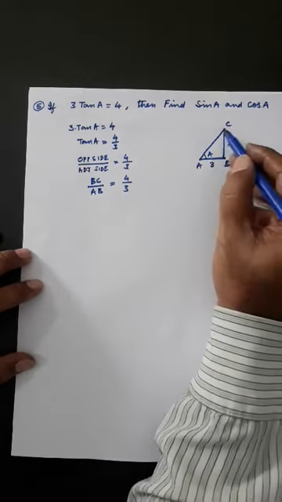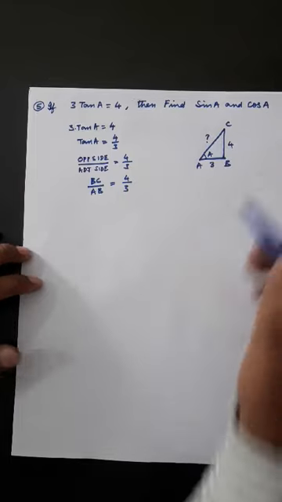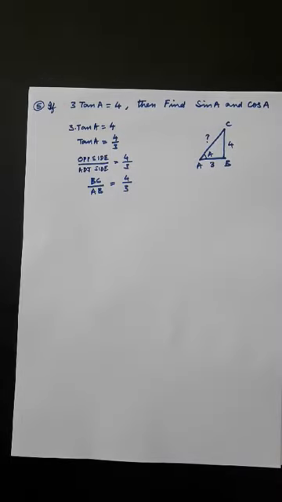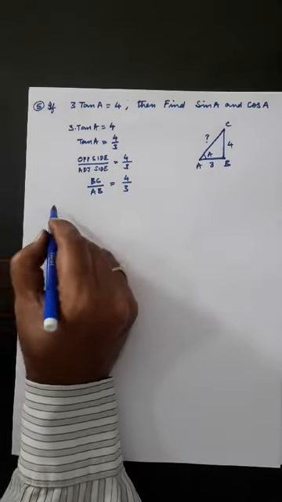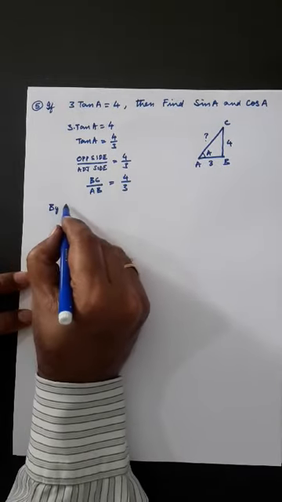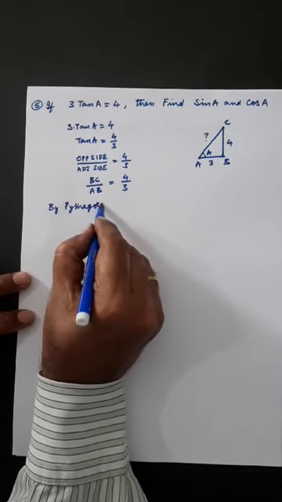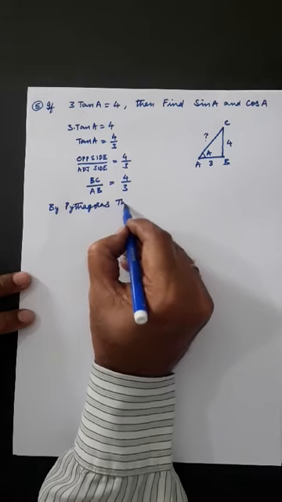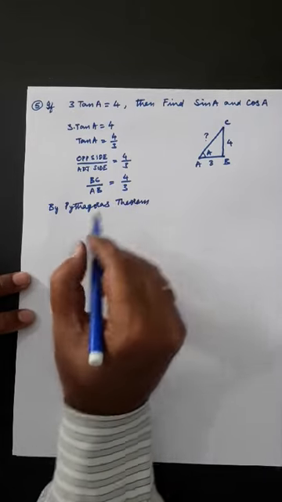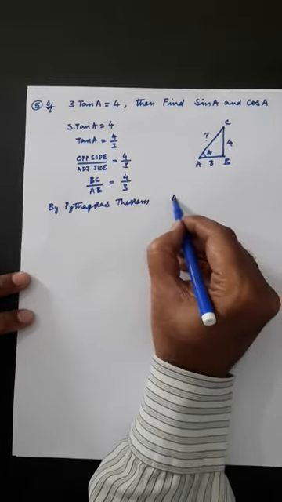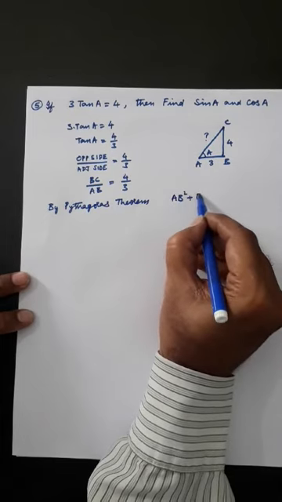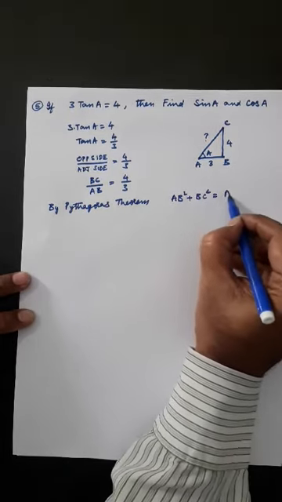So again we need to find this hypotenuse. So how to find hypotenuse? Again same formula, by Pythagoras theorem, what we know? AB square plus BC square is equal to AC square.